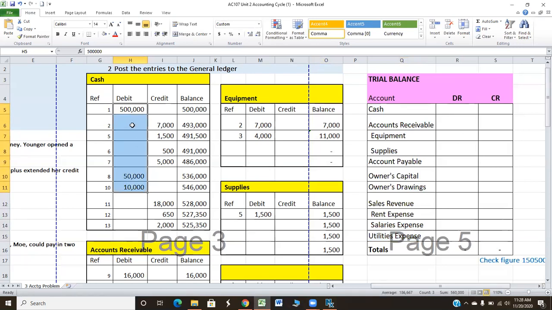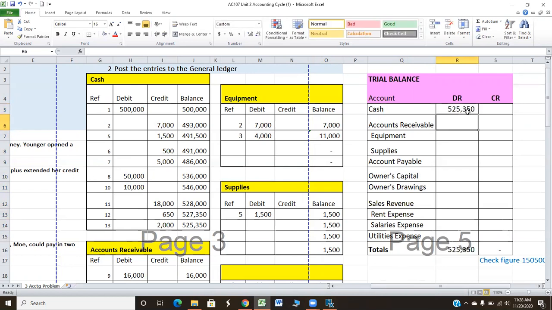So you debited cash a total of $560,000. You credited cash a total of $34,650. So which side's bigger? Your debit side. You had way more total value of debits than you did credits. So this 525, it's going to be a debit balance because your debits outweighed your credits. So you're going to debit cash 525,350.